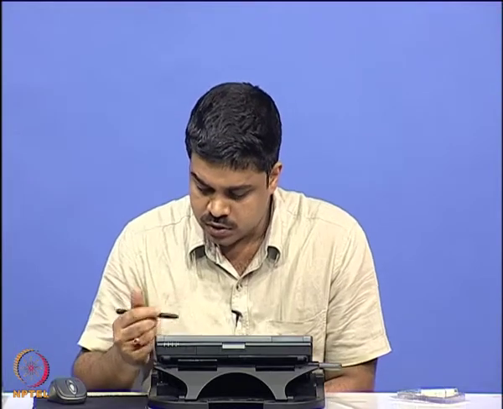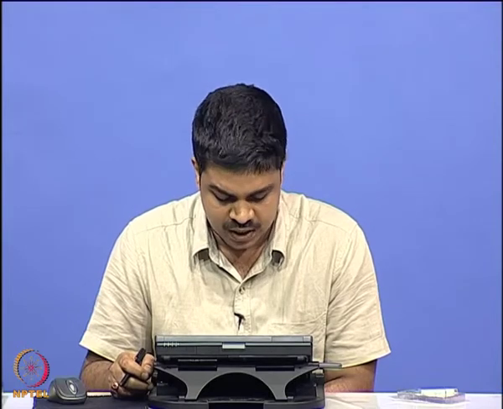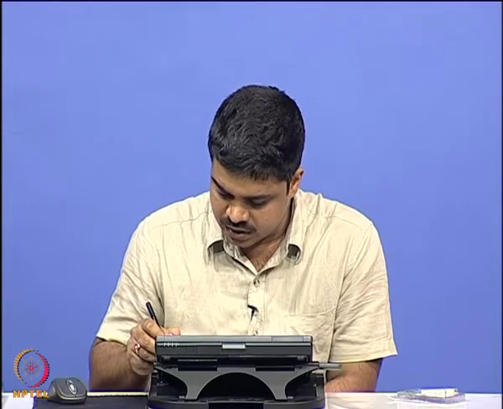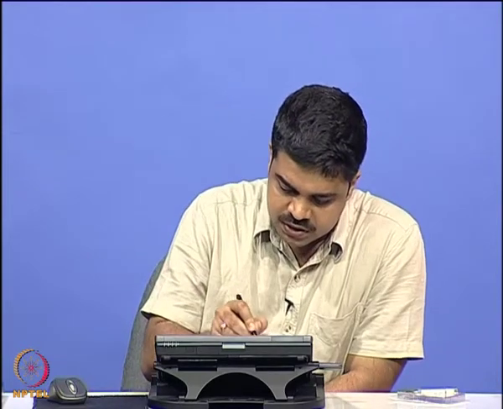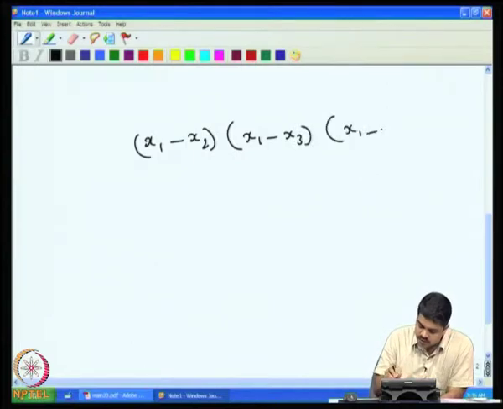And now, that much is okay, but this is more or less a quick observation. How can we understand this polynomial better? Of course, one obvious way is to expand it and look at what kind of terms will come. So, for instance, in our case, let us look at (x1 minus x2) into (x1 minus x3) into (x1 minus x4).